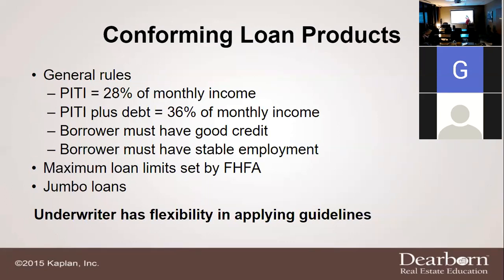So in that situation, the loan products have to conform to the standards that are there. What I'm saying is we've got to make certain that these loans actually meet the requirements for them to be bought.